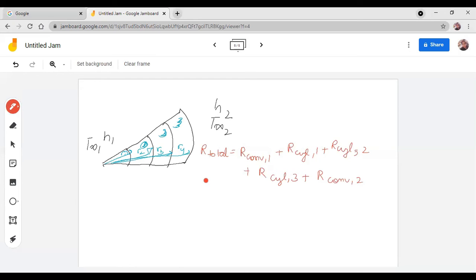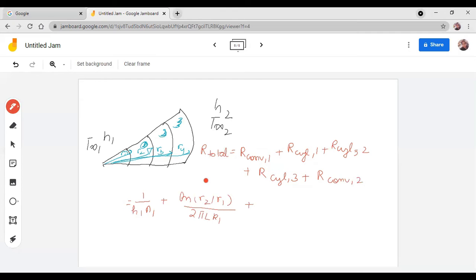So let's put down the values of this. It will be 1 upon h1 A1 plus ln of r2 by r1 over 2 pi L k1, because the length will be the same, since these cylinders are concentric.